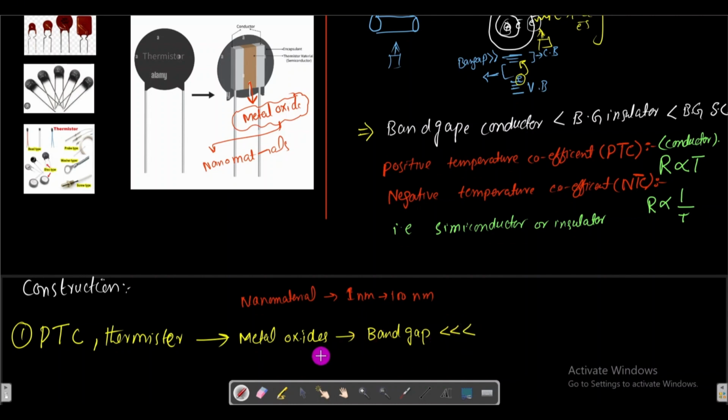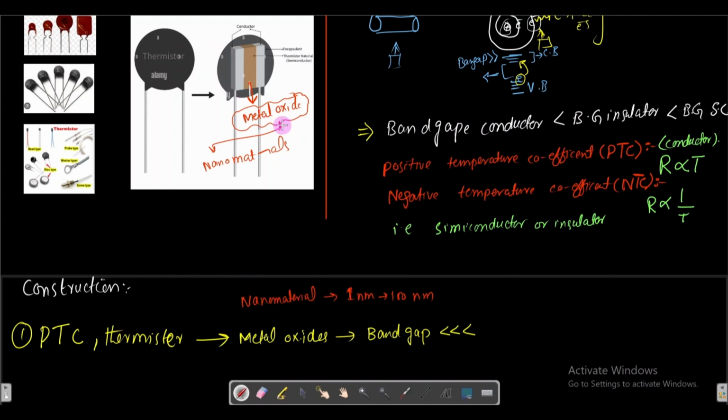If such metal oxides whose band gap is very less are present inside this thermistor, then this thermistor will behave as PTC, positive temperature coefficient.